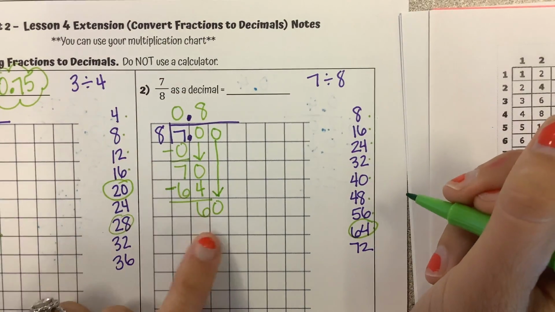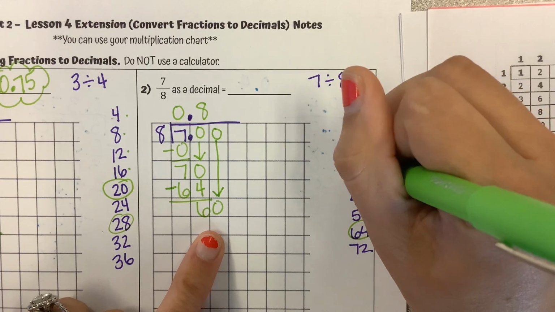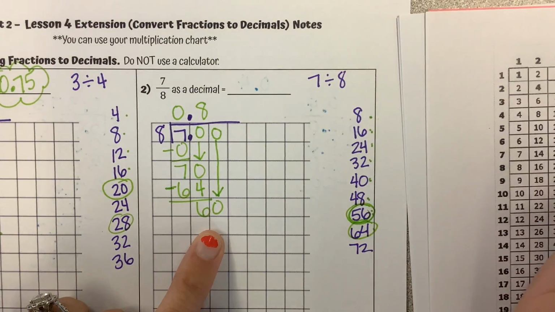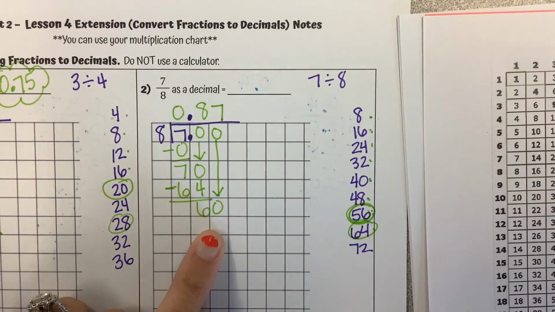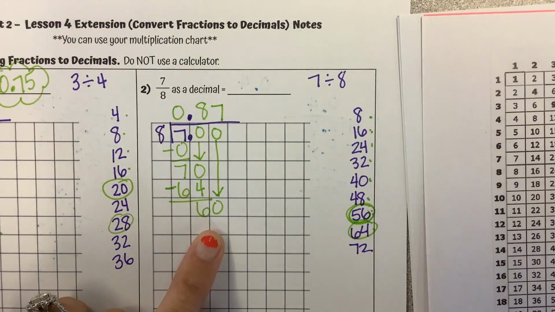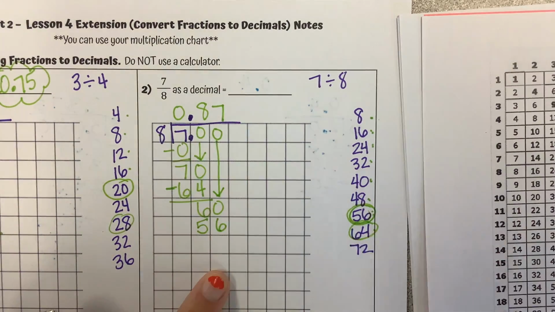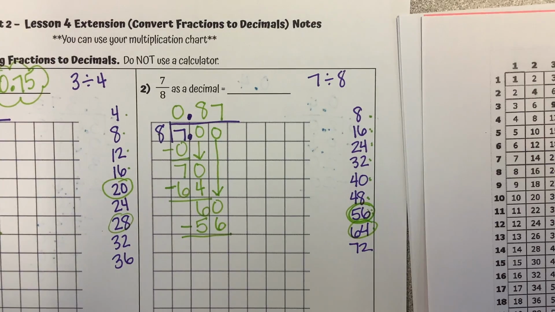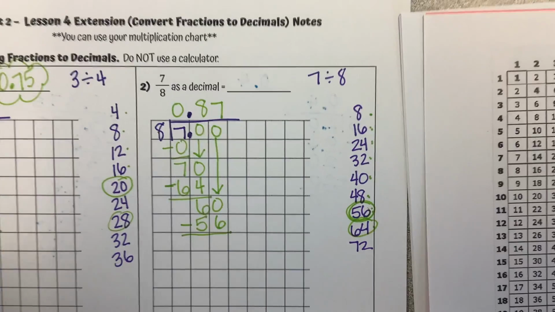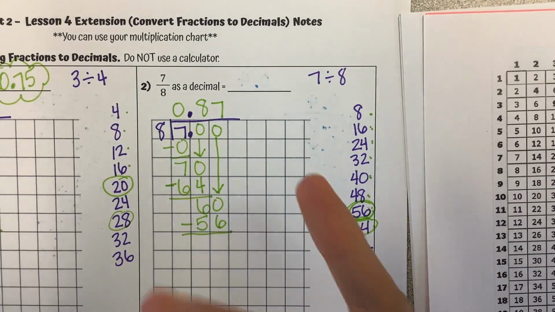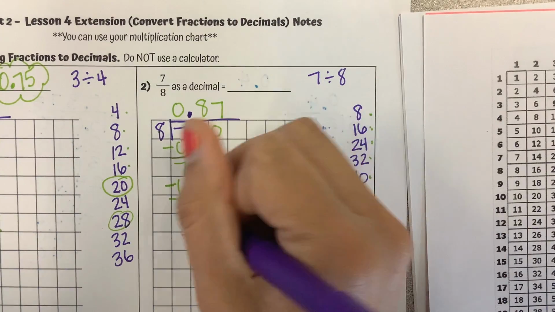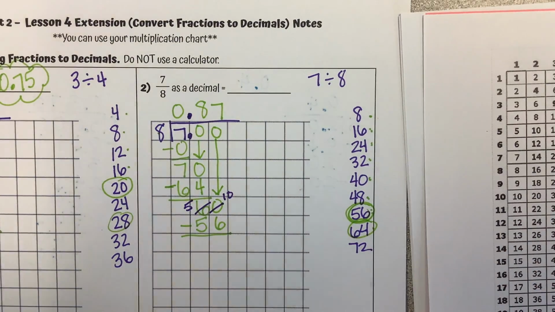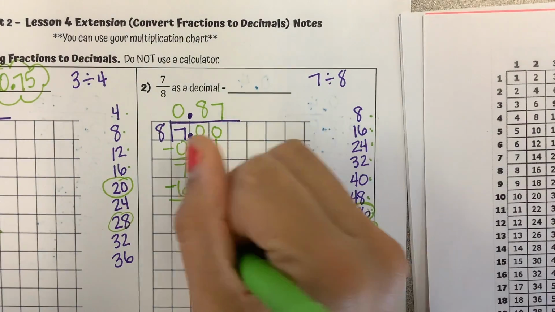8 goes into 60. 1, 2, 3, 4, 5, 6, 7 times, because 64 is too big. So we put the 7 up here. 8 times 7 is 56. And I'm going to subtract. 60 minus 56. Maybe you can do that in your head, or borrow. The 6 becomes a 5, the 0 becomes 10. 10 minus 6 is 4.